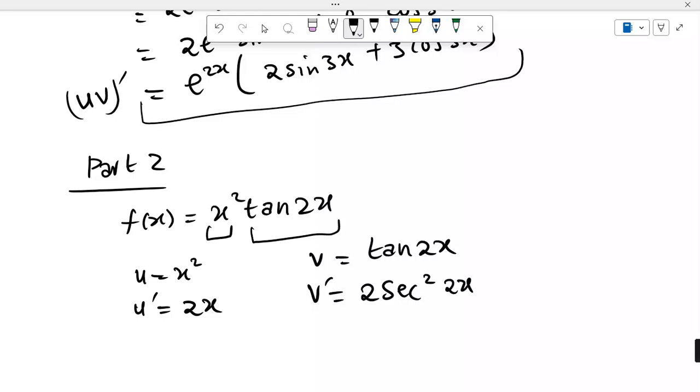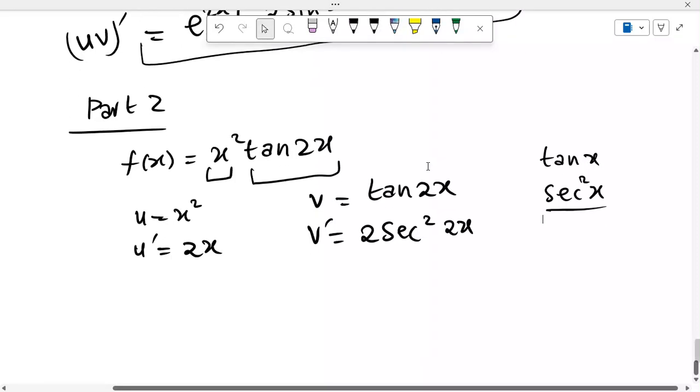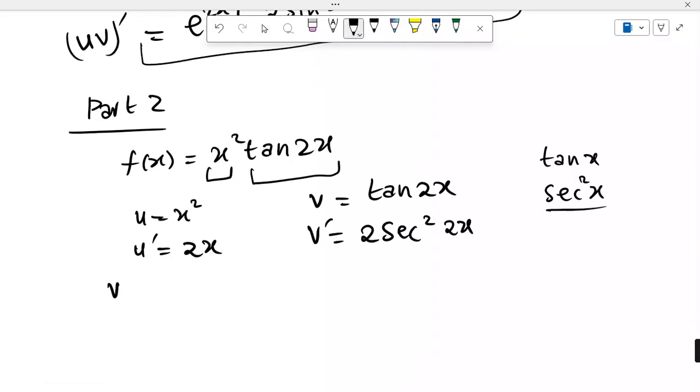If it's just tan x, the derivative will be sec squared x. You need to know those identities. Wherever you are differentiating something with a number inside, you take the number in front, then perform normal differentiation.